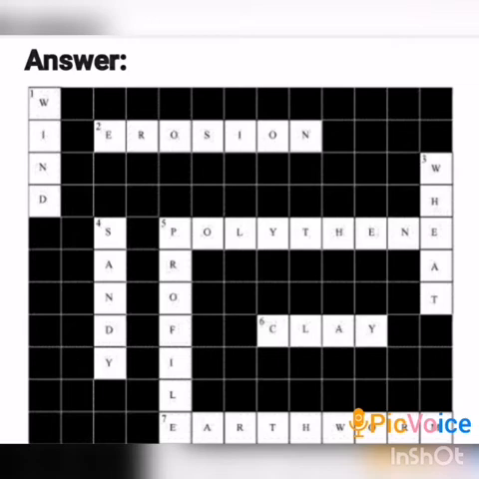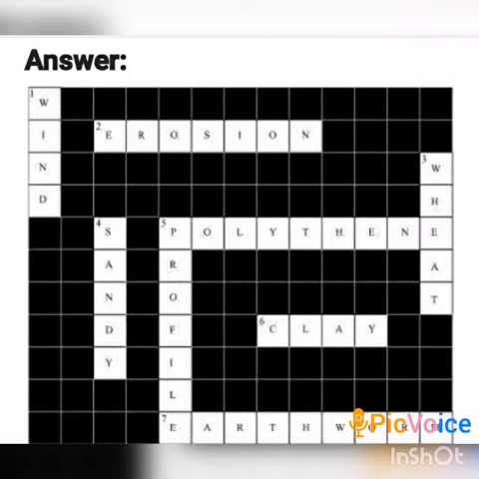Take your science book and turn to page 106 and write the answers for this crossword puzzle with the clues given. First, see the clues given, children. What are the clues given?